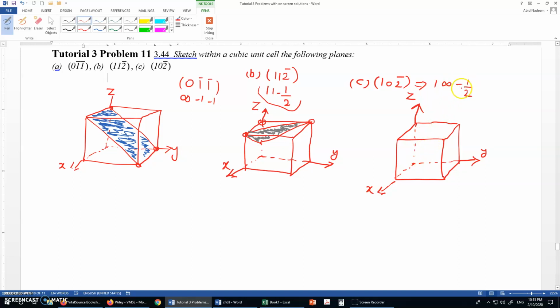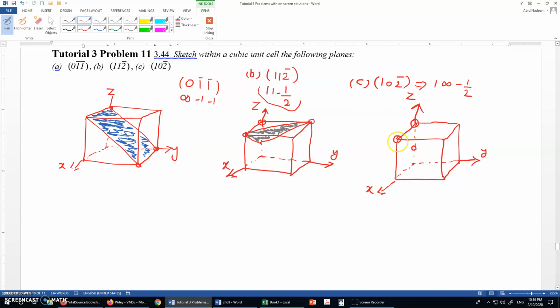Yeah, there is a need to change the origin again over here. So the new origin will be here. So point 1, this will be the first point, and since it is infinity, this plane will be parallel to the y-axis. Okay, and the third point is minus 1 by 2 relative to here, so this will be here.